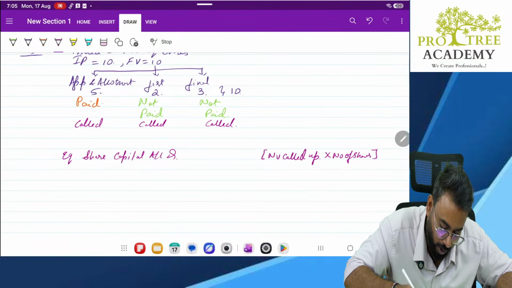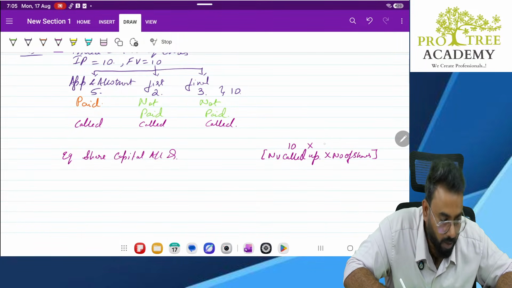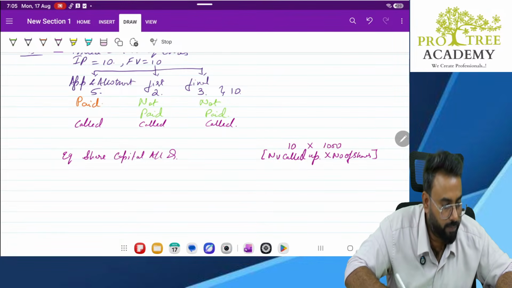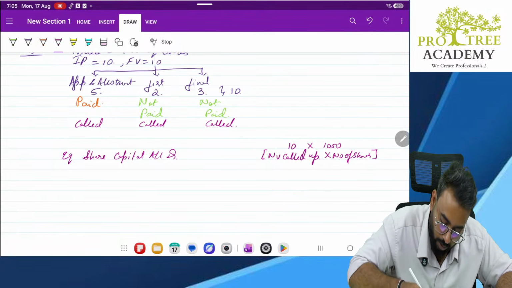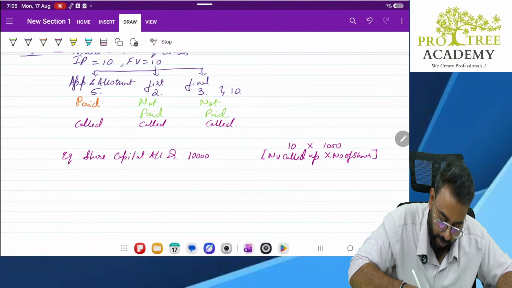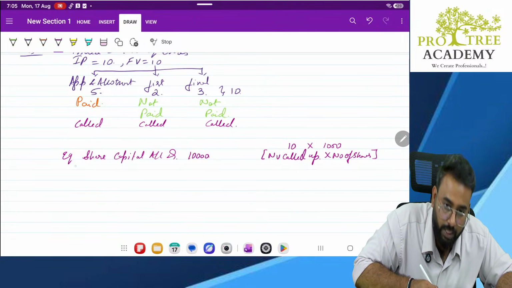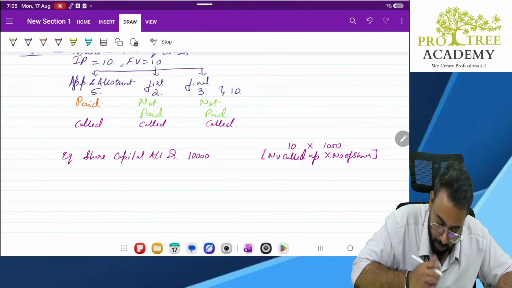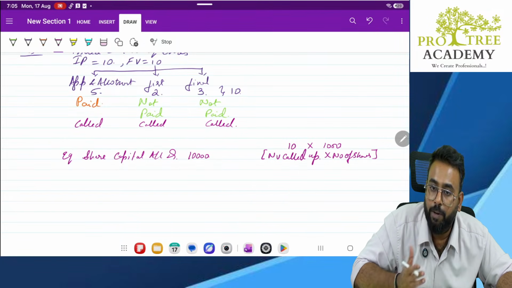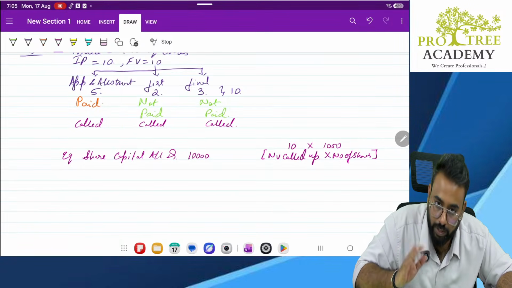Correct? What is the nominal value of called up? 10. So what is the number of shares? 1000. And total 10,000. Clear? Security premium is there? No, because it is issued at par.